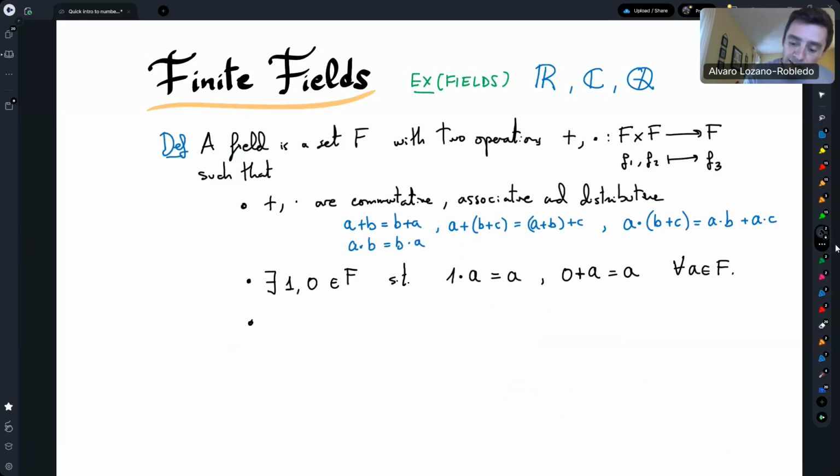And finally, as I said, every element in F except the 0 element has a multiplicative inverse.